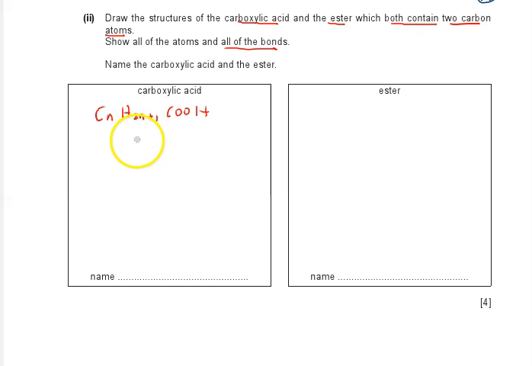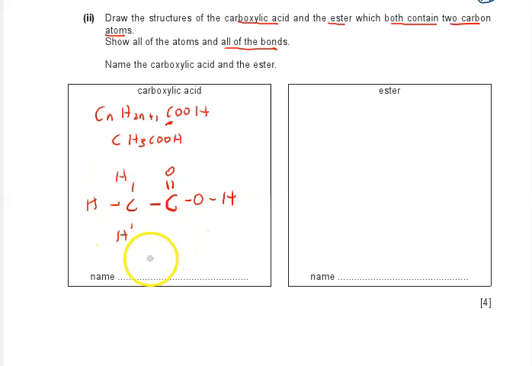When it's 2, you have to minus 1 because you already have another carbon here. So the formula here will be CH3COOH. So this is your structure, and you have a C. This is called ethanoic acid.